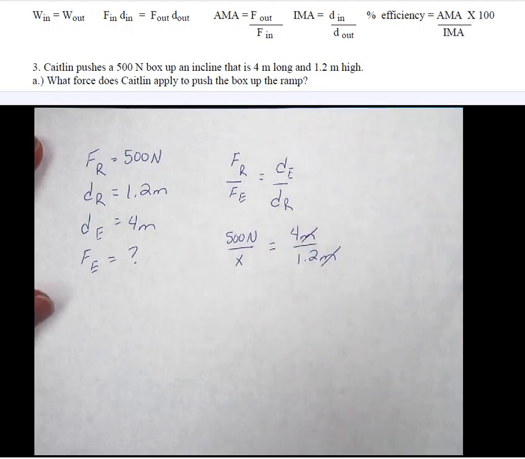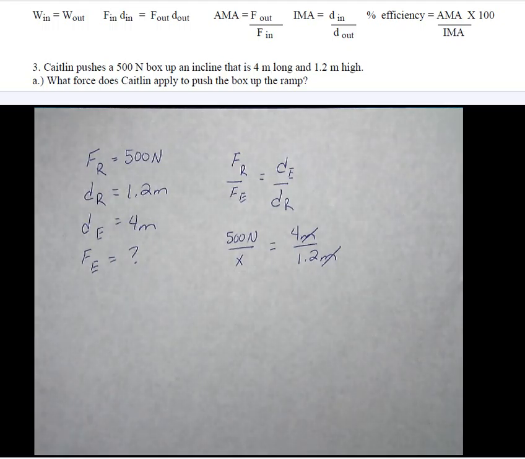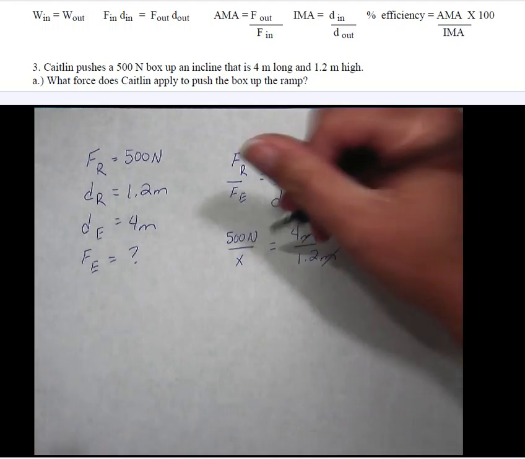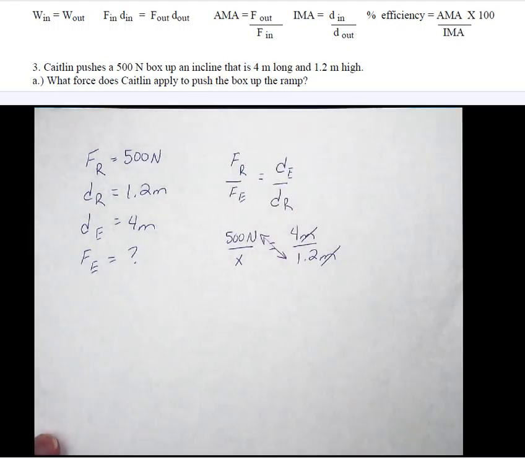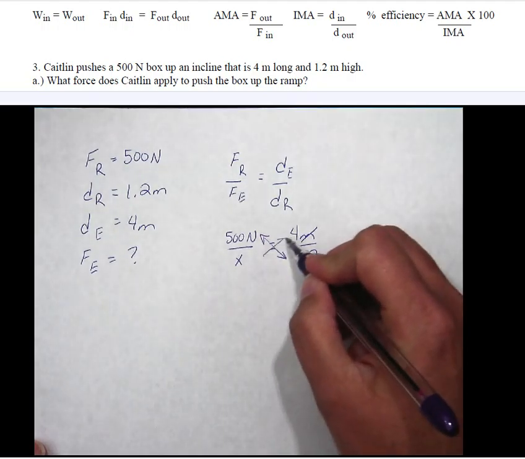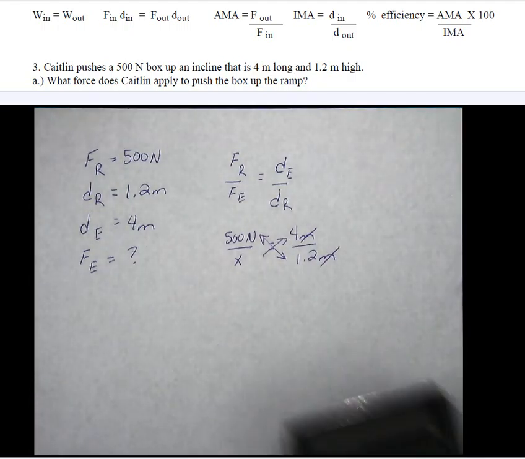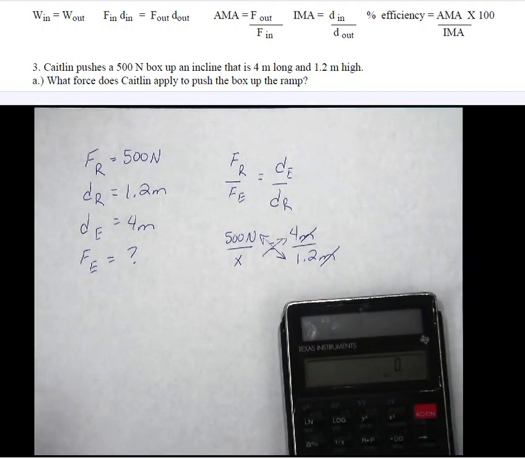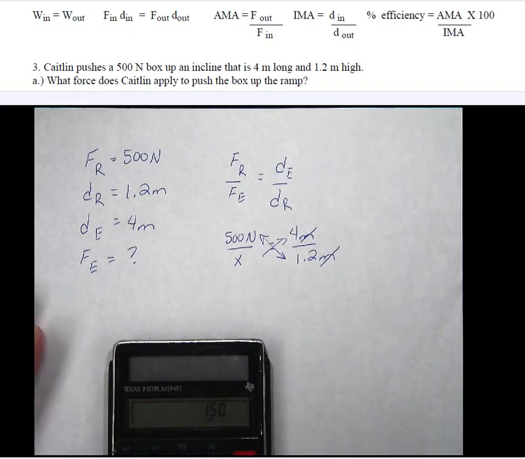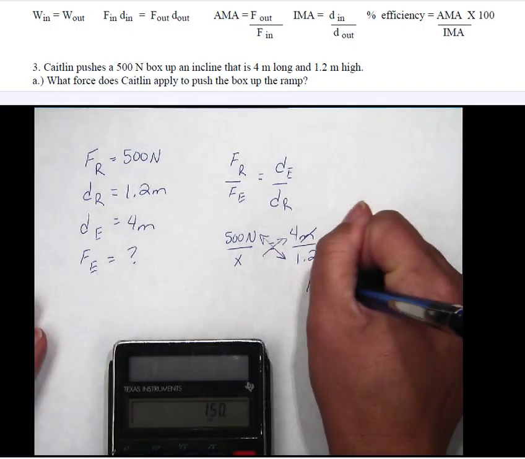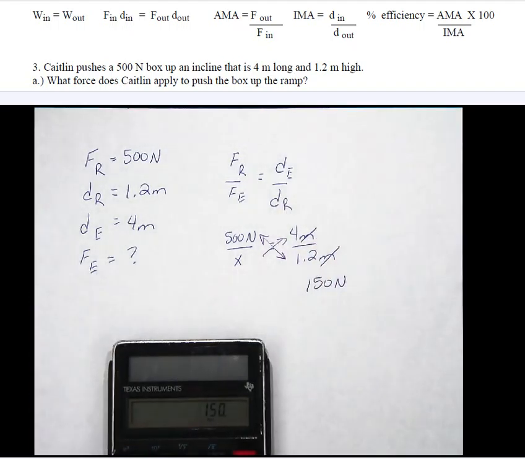My meters cancel out, leaving me with newtons. I'm just going to cross multiply: multiply these two together first and divide by the one with the x. So 500 times 1.2 divided by 4. So it's 150. Okay, so it's 150 newtons.